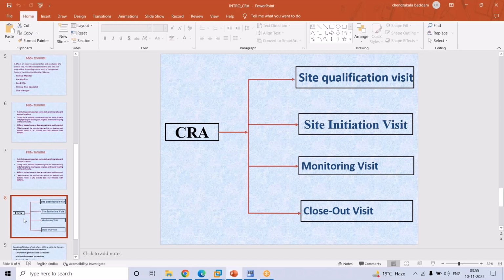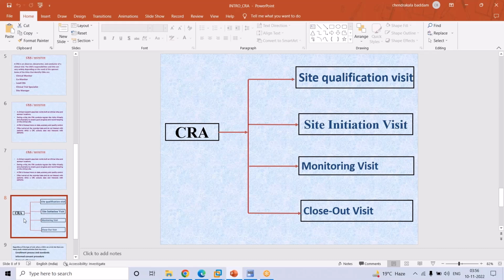And periodic monitoring visits also will be done. That means during the study also, during the conduct of the study, after site initiation, they start the clinical trial. During the clinical trial also, they will be visiting the site at different intervals.